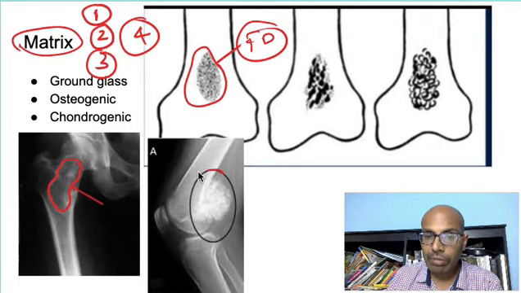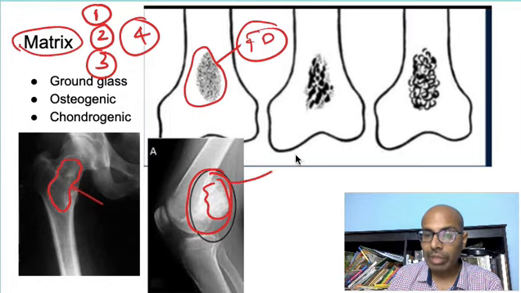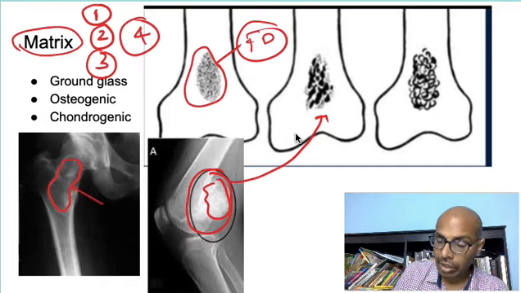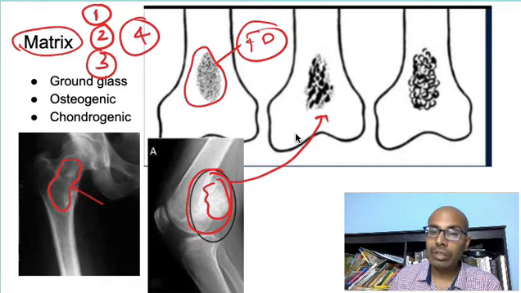If there is bone formation, or it has osteogenic potential, then it is most commonly seen in conditions like osteosarcoma, Ewing sarcoma, and other tumors. So this is called an osteogenic pattern.